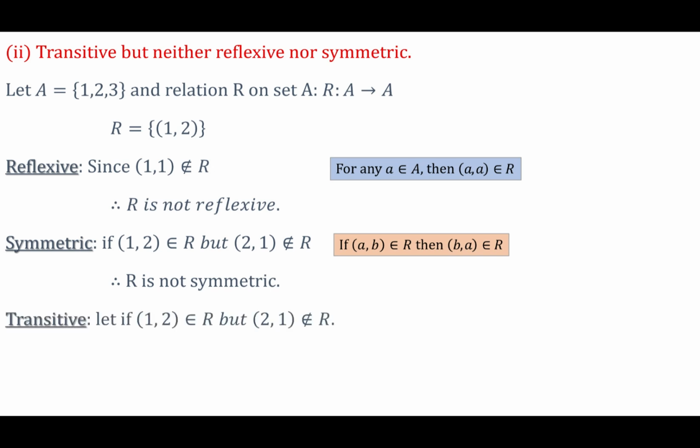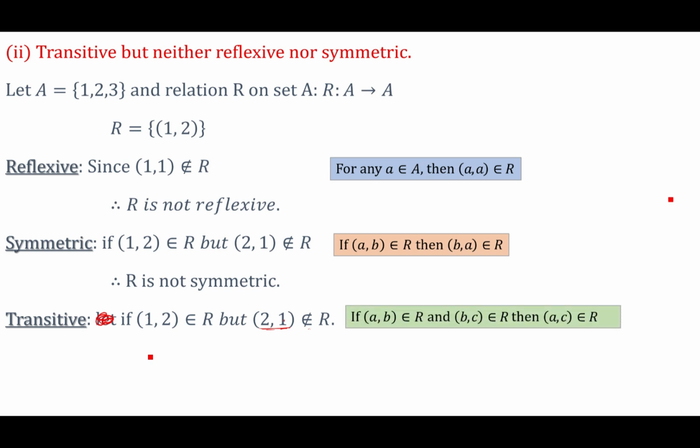Let us check transitive. (1, 2) belongs to R, but (2, 1) is not there, or (2, some other element) is not there, then I don't need to check (1, 1). I just gave an example: (2, 1) does not belong to R, so I don't need to check (1, 1).